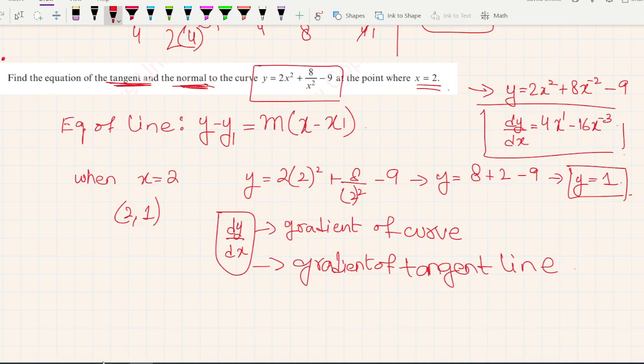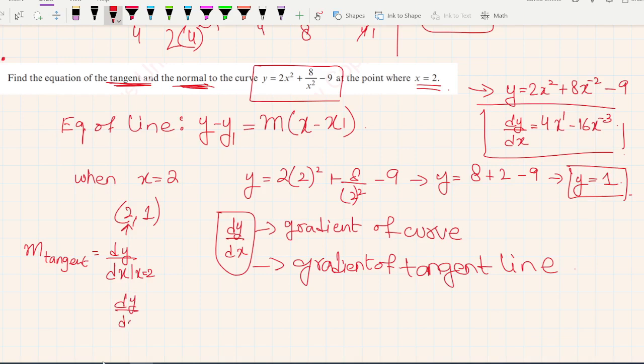We have to find the value of dy by dx when x equals 2, right? So the gradient of tangent, m of tangent, is equal to dy by dx at x equals 2. So let's put x equals 2 in the equation of dy by dx.